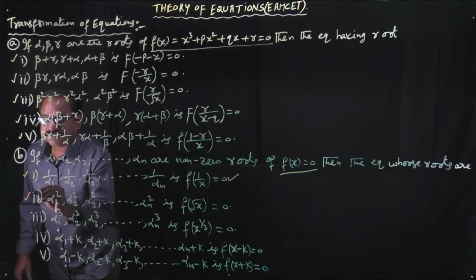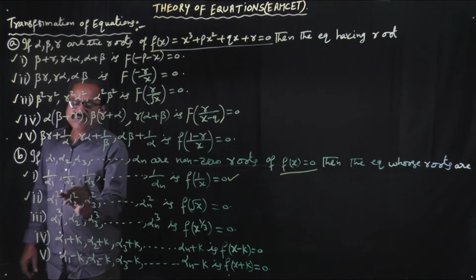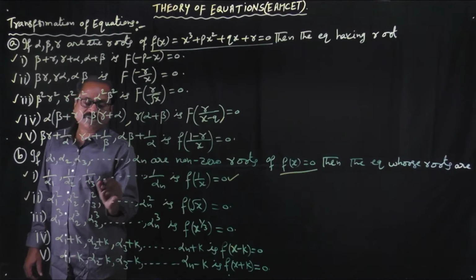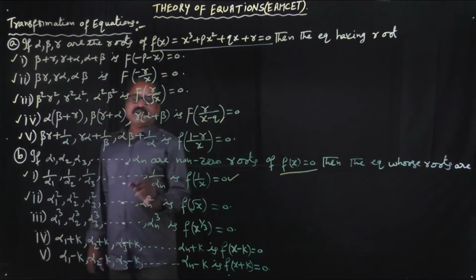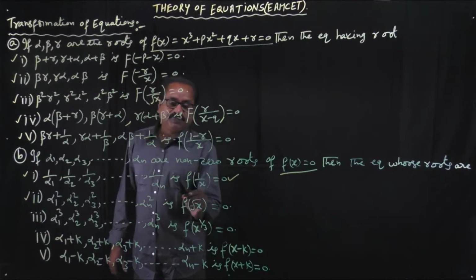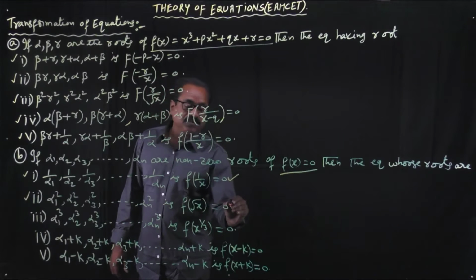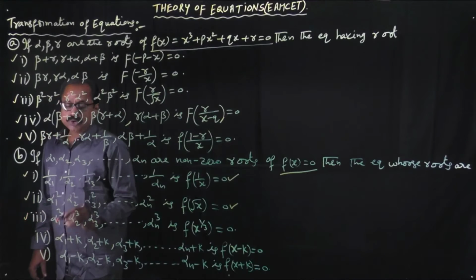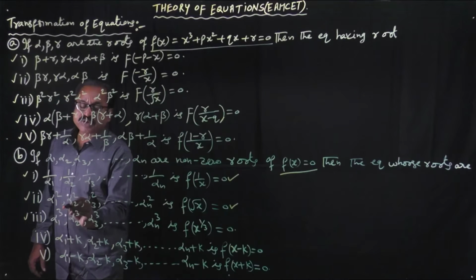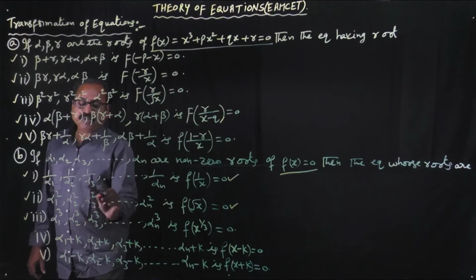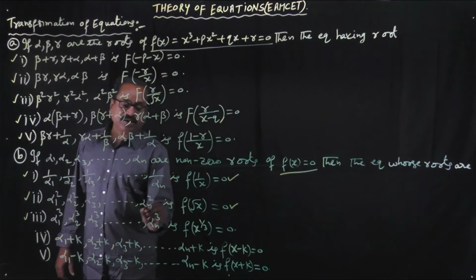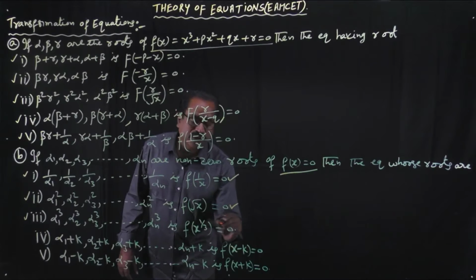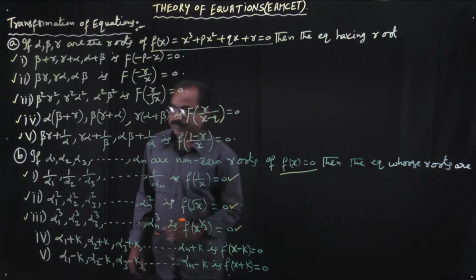Second one is the roots are alpha 1 square, alpha 2 square, alpha 3 square and so on alpha n square is f of root x is equal to 0. Third one is the roots are alpha 1 cube, alpha 2 cube, alpha 3 cube and so on alpha n cube is f of x power 1 by 3 is equal to 0.